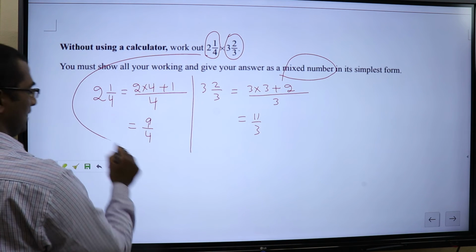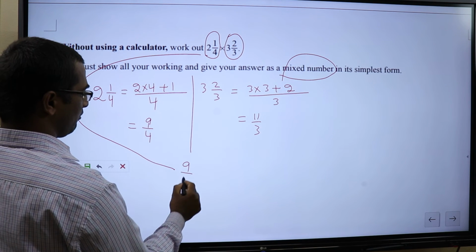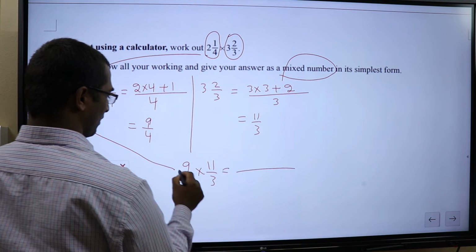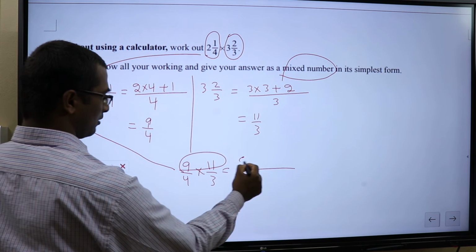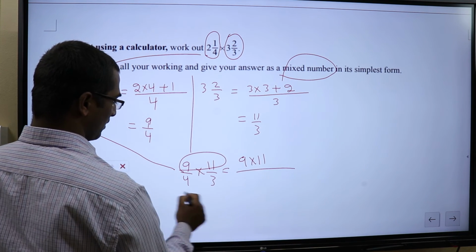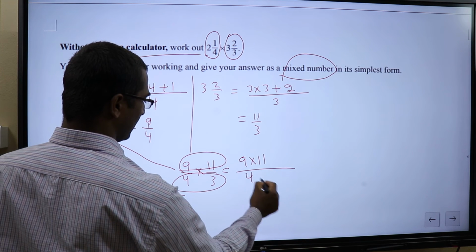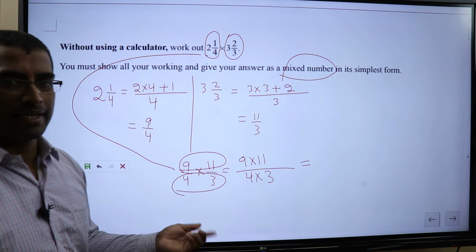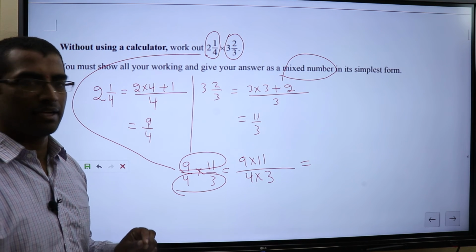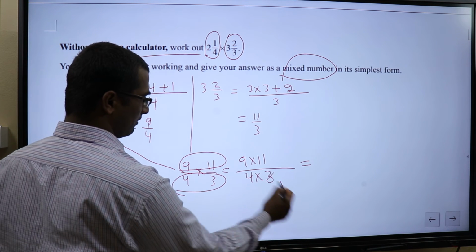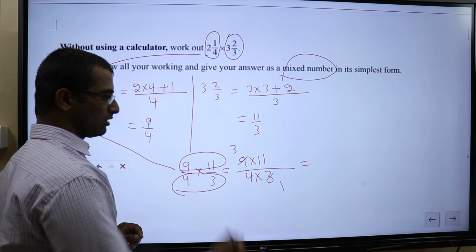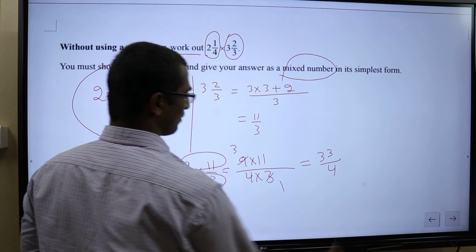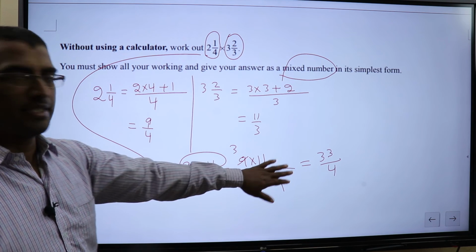So if I multiply this now, what will it become? 9/4 times 11/3. These things in the numerator itself. These things in the denominator. Okay. Now check, does anything get cancelled out? 3 ones, 3 threes cancel out. So 3 into 11, 33, over 4 into 1, 4. This is the answer we got.